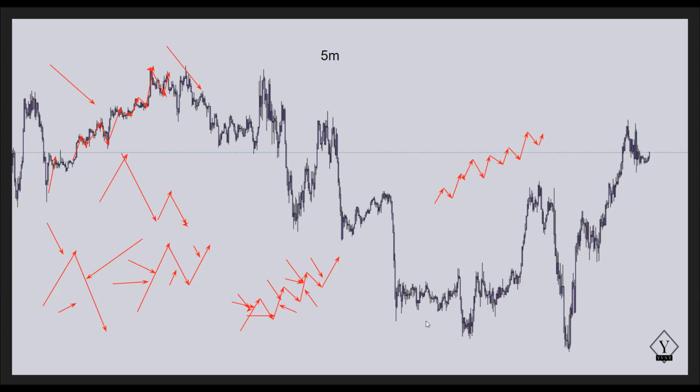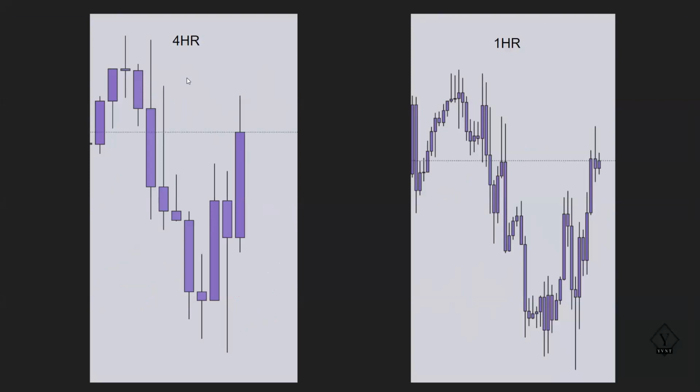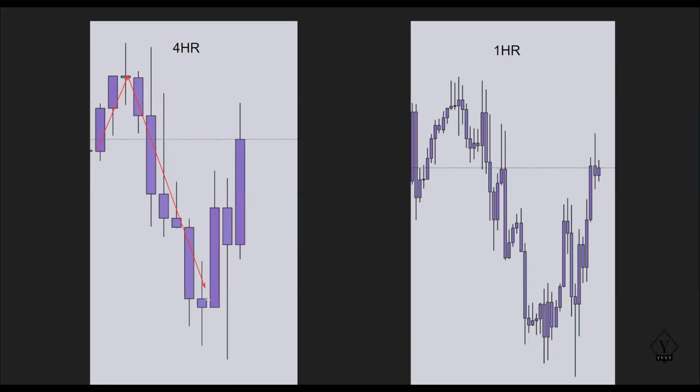So let's just quickly show you. As you can see, this is as simple as how I can explain this time frame. What you see on 4 hour looks cleaner than what you will see on the lower time frame, right? And then on higher time frames, you wait longer than on the lower time frames, right?